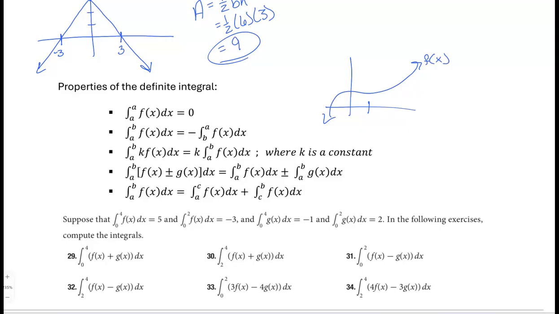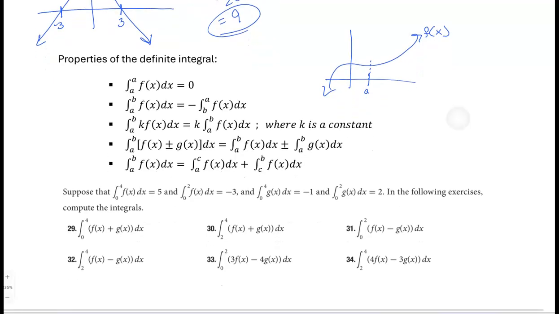Normally I think about what's happening from A to B, but if my A and my B are the same thing, that rectangle has no width, and because it has no width, that area would end up being 0. If I change the lower and upper bound, it's going to change the sign of that value for that definite integral.